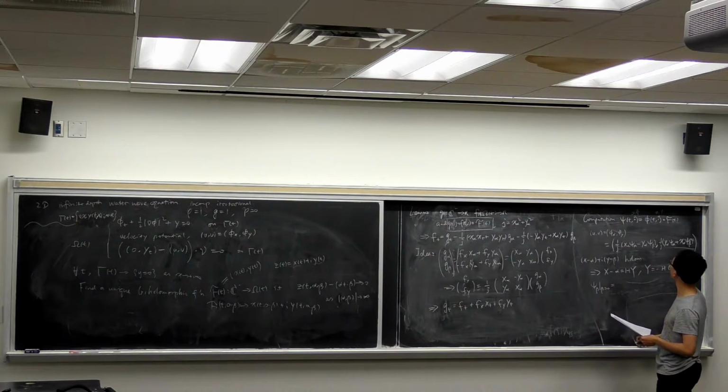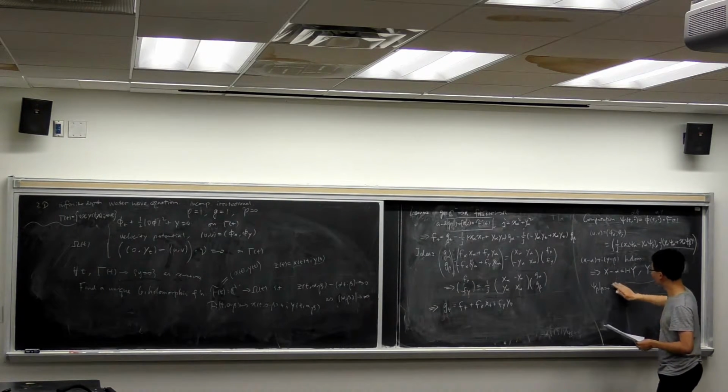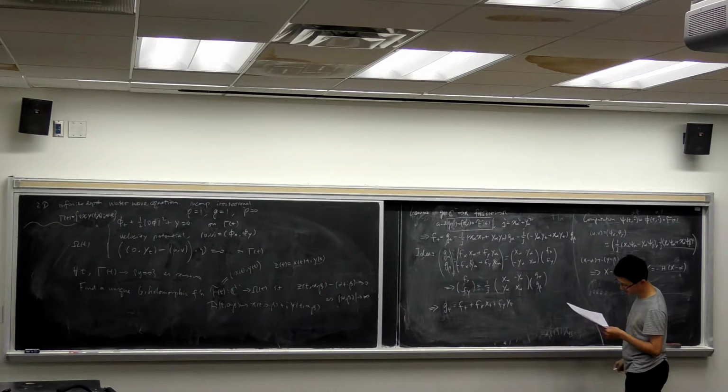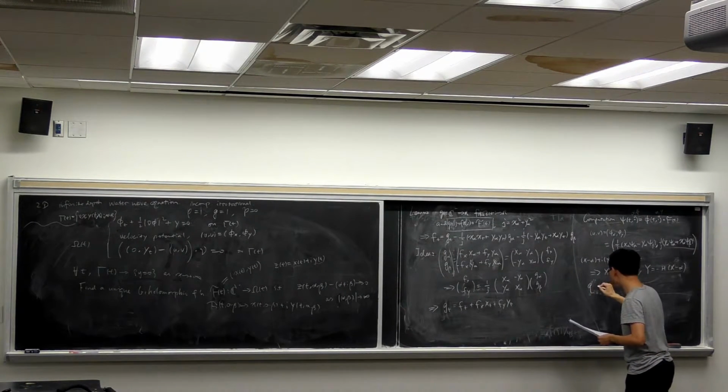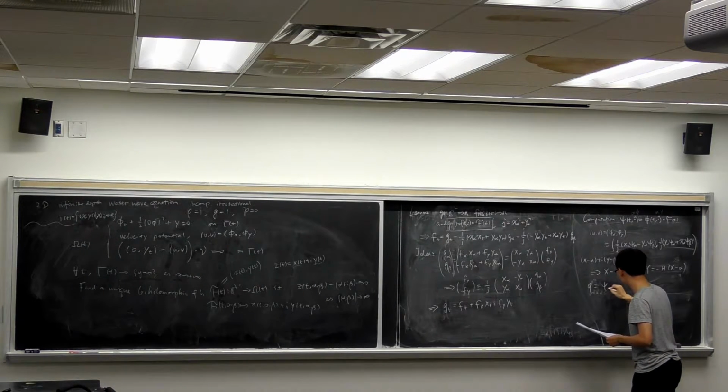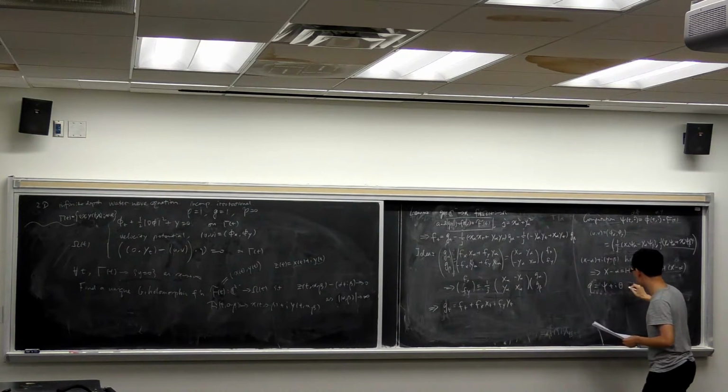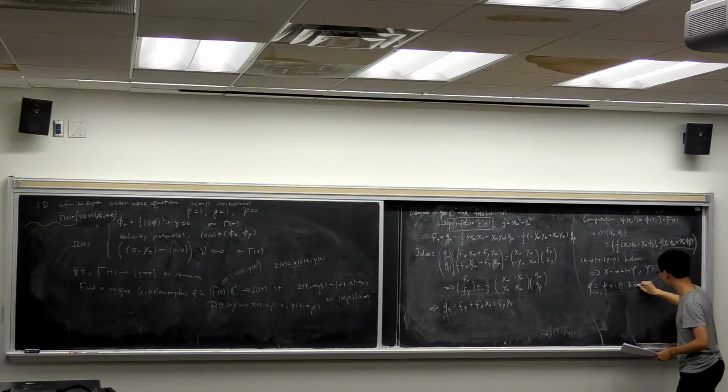So cool. I have to introduce one more notation. Maybe too much notation? Okay, I have to do that. So let Q be phi plus i theta. This is a holomorphic function.